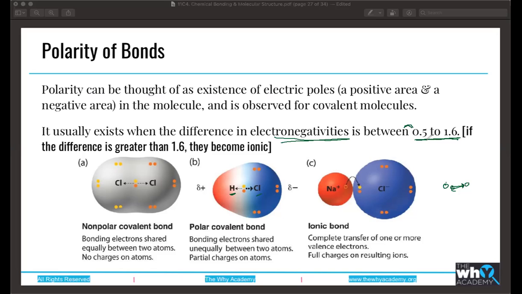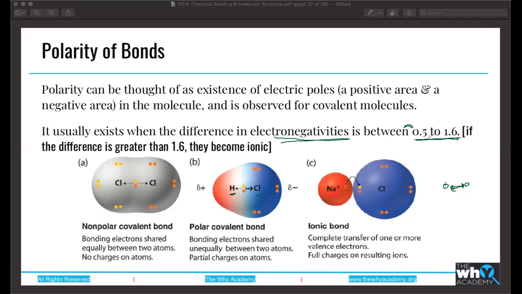Electronegativity ranges from 0 to 4, so 2.8 and 2.7 are almost equal. The difference is like 0.1.